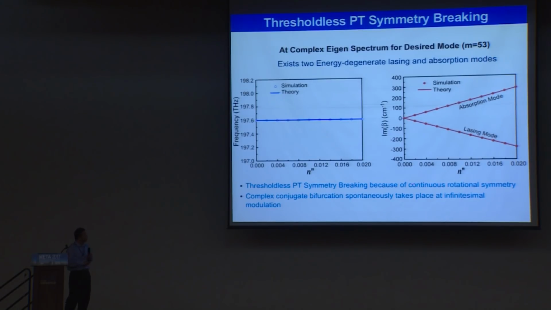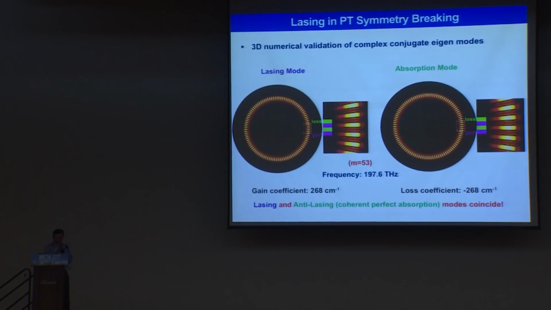This is due to the very special continuous rotational symmetry of such a ring structure, which gives you so-called threshold-less symmetry breaking. We also did a simulation to show what happened exactly in such a two-mode system. One is a lasing mode. These are the mode profiles. Essentially, it's a bunch of standing waves at m equal to 53. We pick out this one.